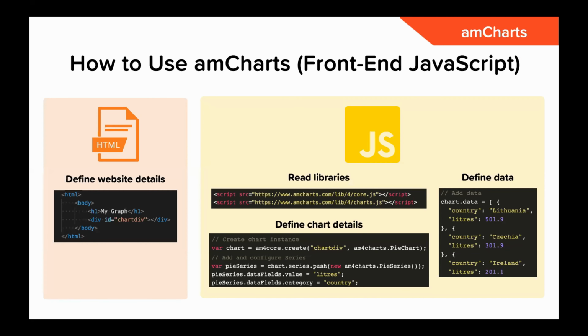So typically the way that you would use amCharts in front-end JavaScript, very much like you would use any library, is in your code, you would reference the library. Then if it's a data visualization library, you need to have it hooked to your front end somewhere. So in your HTML, you need some kind of root div or a chart div somewhere that the JavaScript can hook into and do something with.